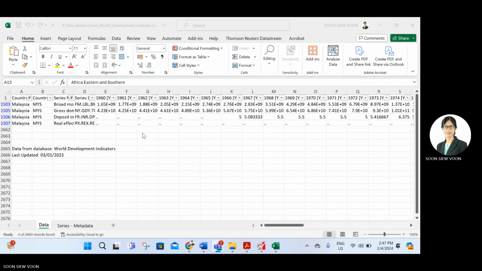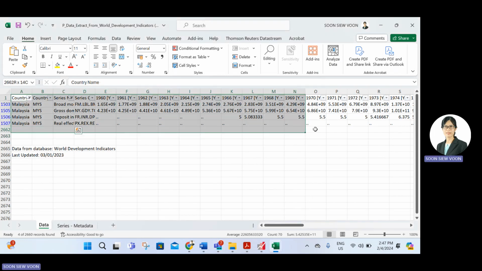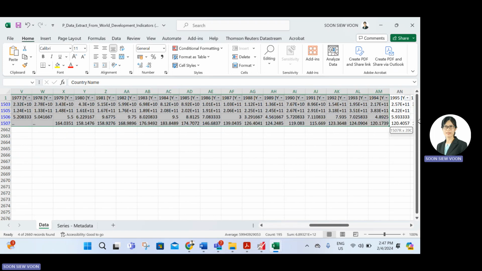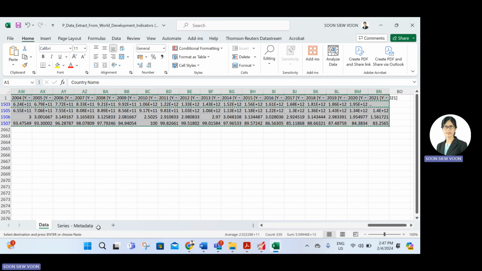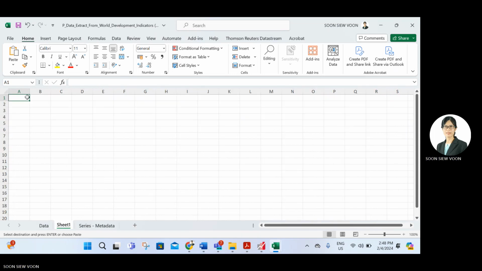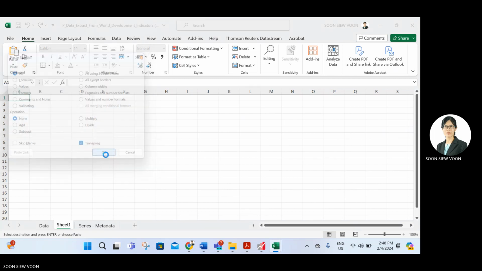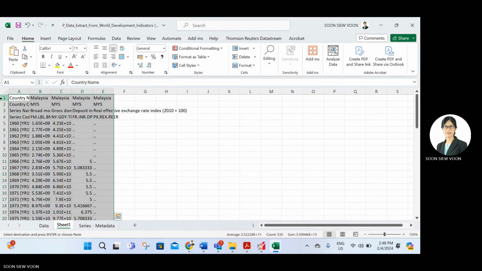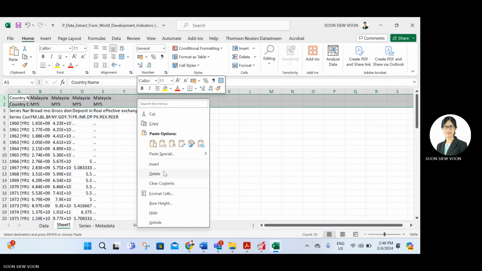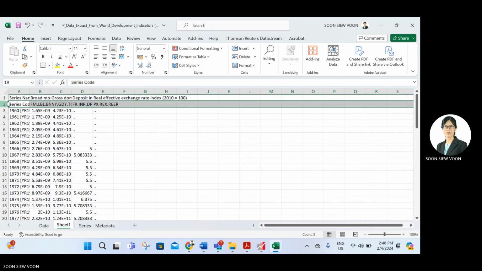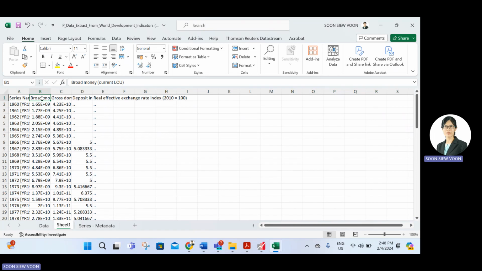Now, as we did previously, I would like to copy this dataset and rearrange it. This refers to the broad money.